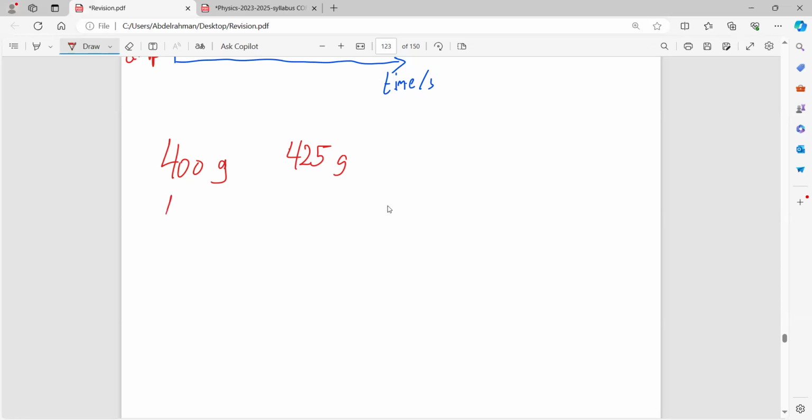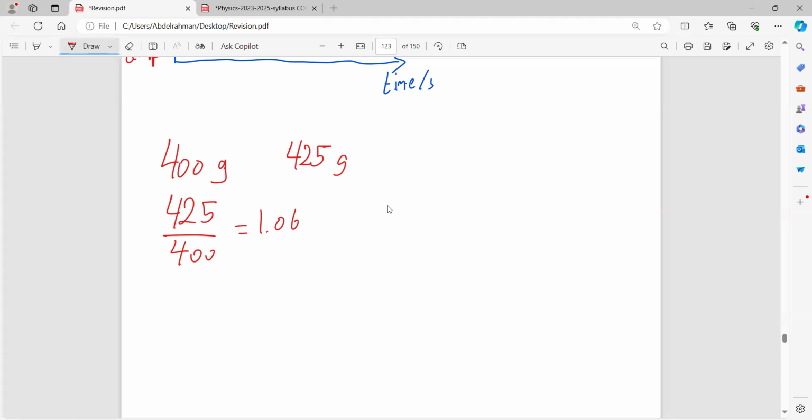Let's calculate it together. 425 divided by 400. What would that give? That would be a very small percentage error, an extremely small percentage. That would be 1.0625, 1.06.